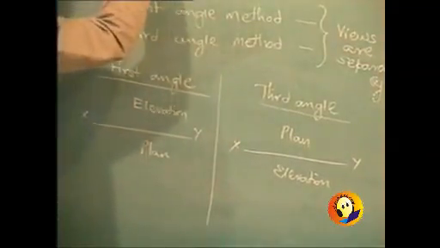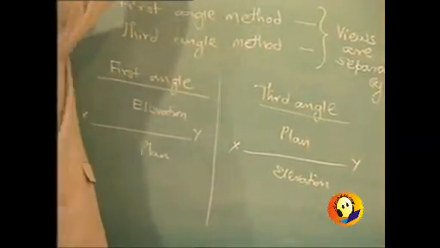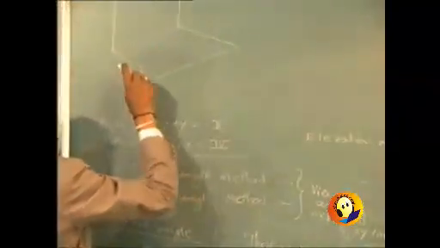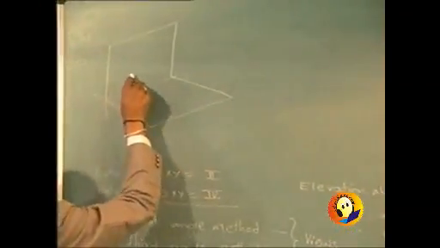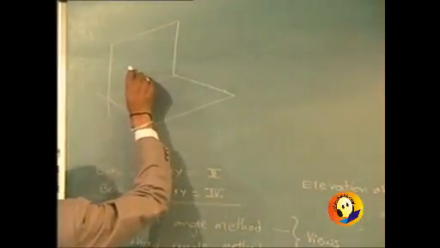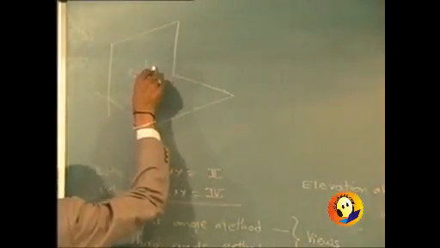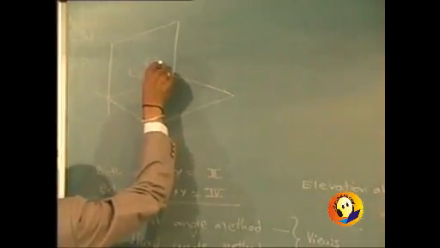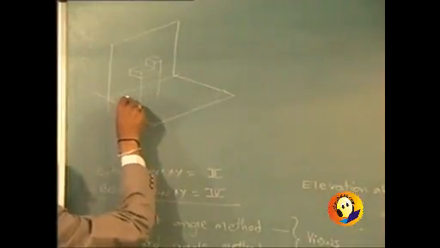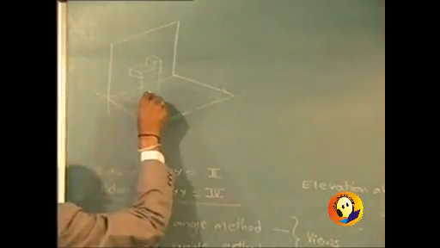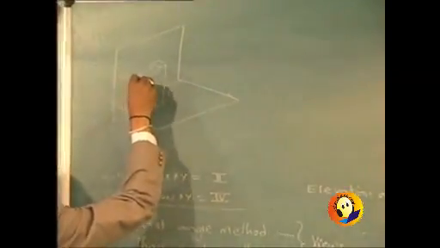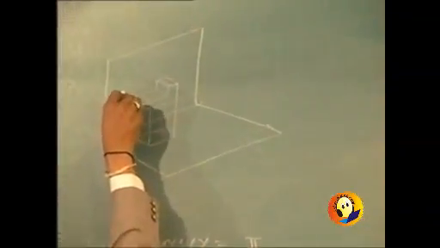Like in case of first quadrant object, the object which is placed in the first quadrant, whatever is the object, say, whose projection on XY can be shown like this, and its projection on vertical plane can also be shown.